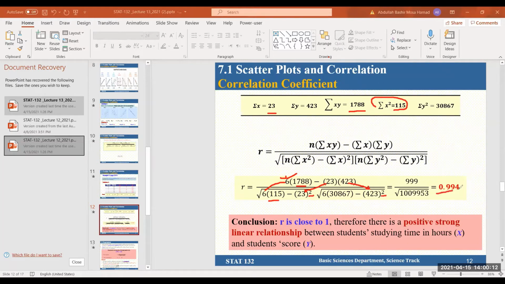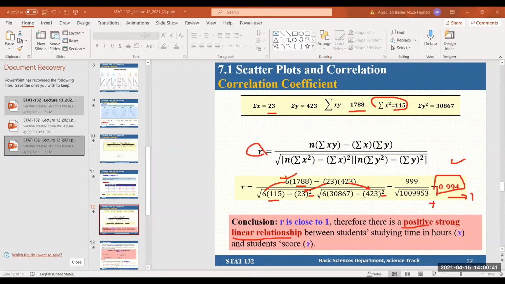Then R is equal to 0.99. So we comment on or describe the relation. We write that this relation is positive. Why positive? Because R is positive. Why strong? Because it's close to 1. Of course, it's a linear relation, because we use this to measure the linear relation between two variables.